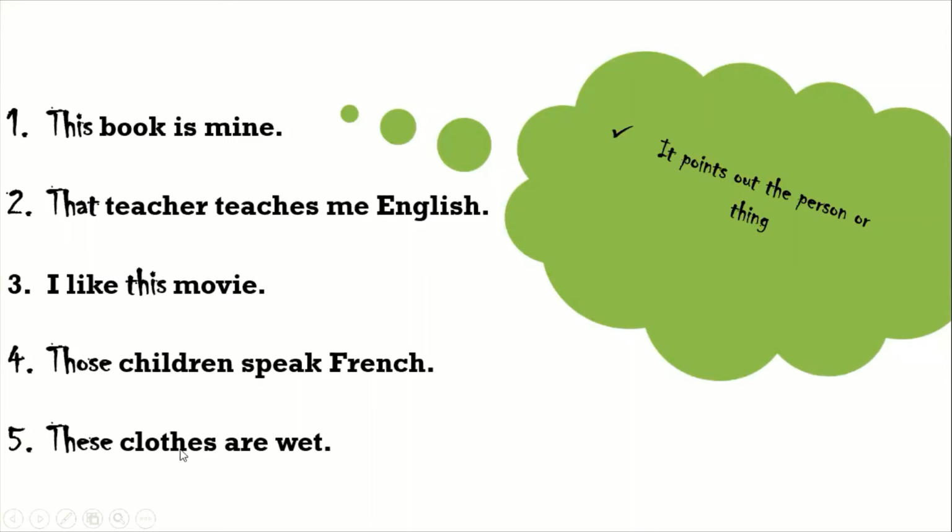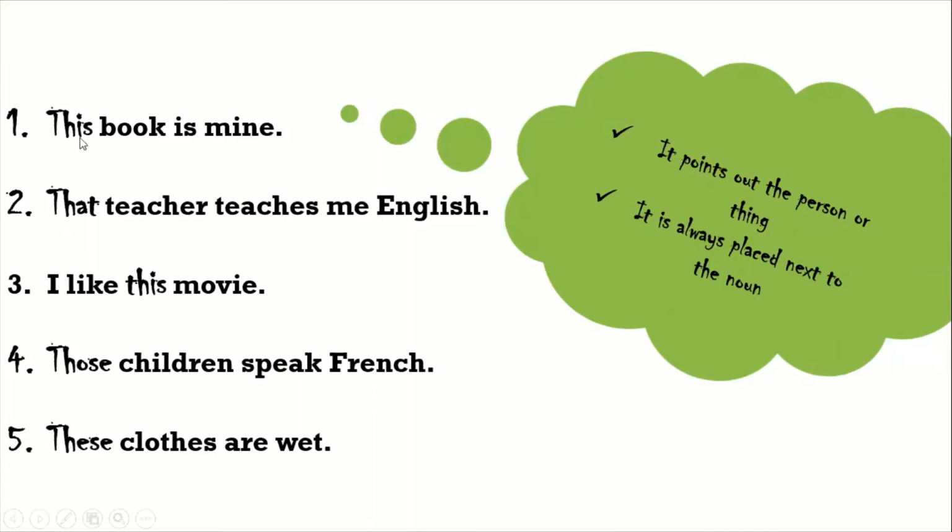These clothes are wet. Clothes, that's also a noun. So we understood that these highlighted words are coming next to the noun. For sure, in all these examples we understood. So we understood one more point. It is always placed next to the noun. Okay, so it's one type of adjective. It is always placed next to the noun, and the first point is it always points out the person or thing.